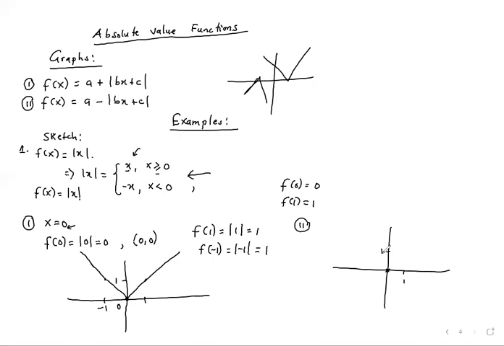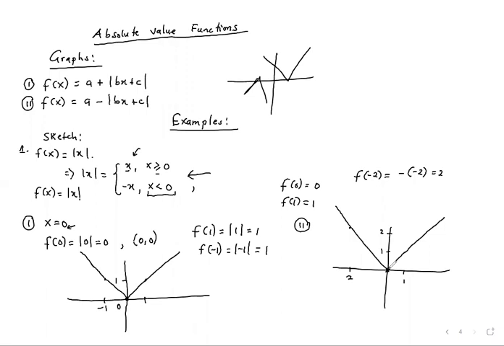So you have 1, 1, and draw a line this side. Then you go to the other domain, x is less than 0. Let's say we use -2. -2 is less than 0, so we must get -(-2), which is +2. So we have 2, 2, a point somewhere there, meaning that the graph is coming this way. So we have again sketched the same graph using a different method.